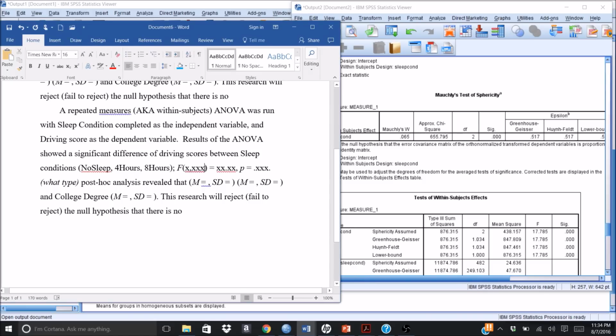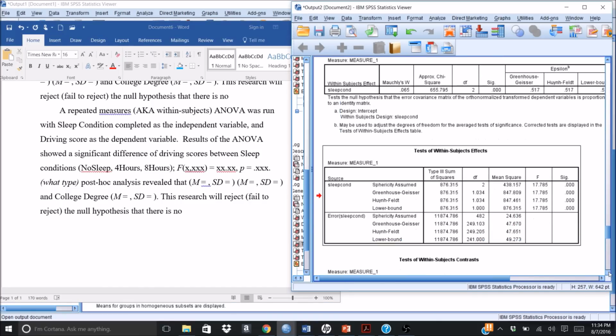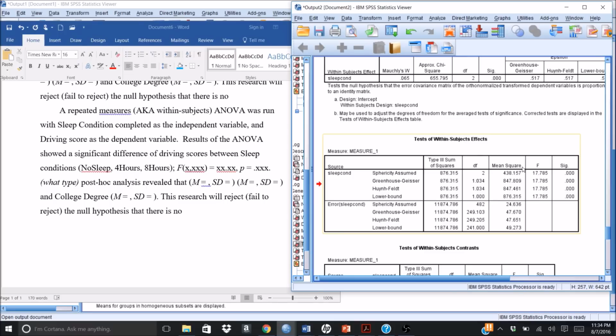Now, whenever we do an ANOVA, we're going to have 2 degrees of freedom. We find our degrees of freedom from our within and our between subjects. So when I'm writing my F, I'm going to get my actual degrees of freedom. Here's my degrees of freedom column. And remember, we said because this is below 0.05, we're going to get it from Greenhouse-Geisser.